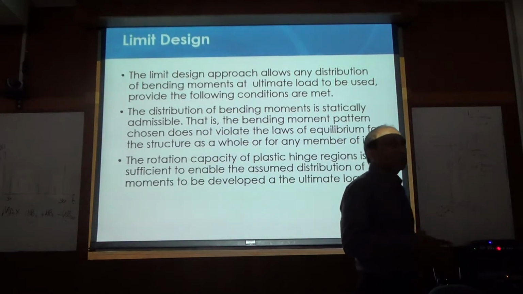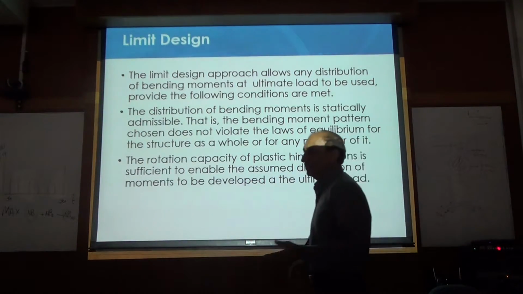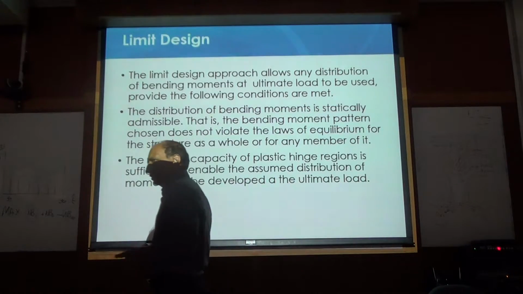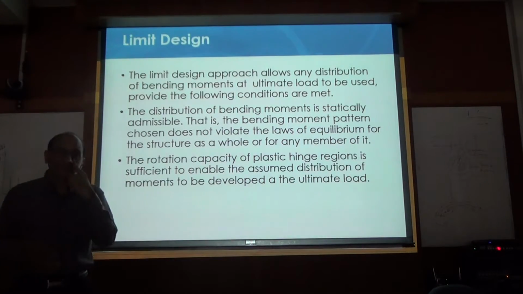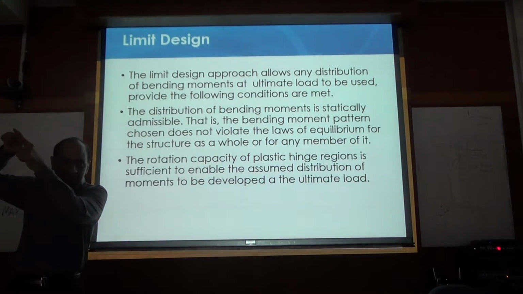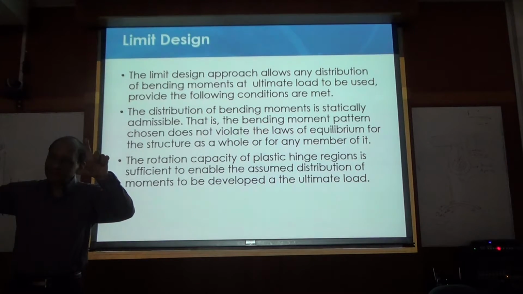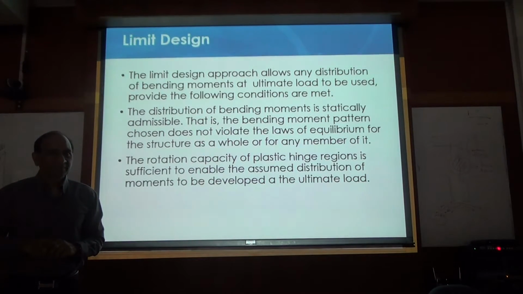And moment redistribution is very useful. It has been there for a long time in the codes, but people never really understood what it is. For example, British code, ACI code, they allow 15% moment redistribution. That means if you calculate a negative bending moment, let's say 100, you can make it 85 and move that 15 to positive, as long as the sum of the total moment is still the same, right?